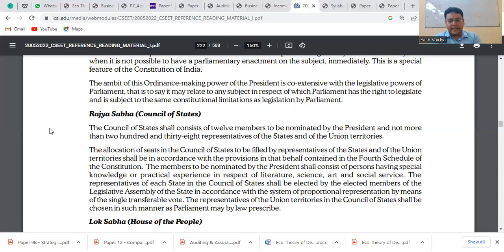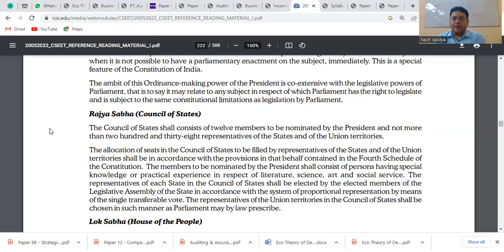The representatives of each state in the Council of States shall be elected by the elected members of the Legislative Assembly of the state in accordance with the system of proportional representation by means of a single transferable vote. Now you don't go deep into this, at least not at the CSEET level. That process is very complicated, but it is not completely in your syllabus. So don't go deep into it.